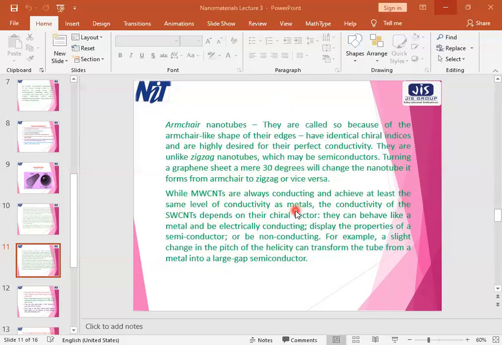Although it is made of carbon, we know that carbon is a bad conductor, but at the nano level it becomes a conductor. Their conductivity is like the metals, at least, or it may be more than that.